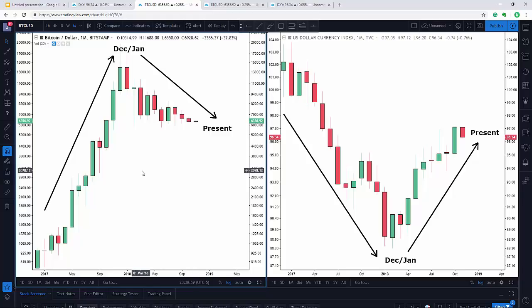With the stocks pulling back as much as they are, people aren't necessarily going to rush into cryptocurrency right now. We'll want to see a little more stability in the stock market, in my opinion. But you can't help but recognize this direct inverse correlation between the US dollar and Bitcoin.